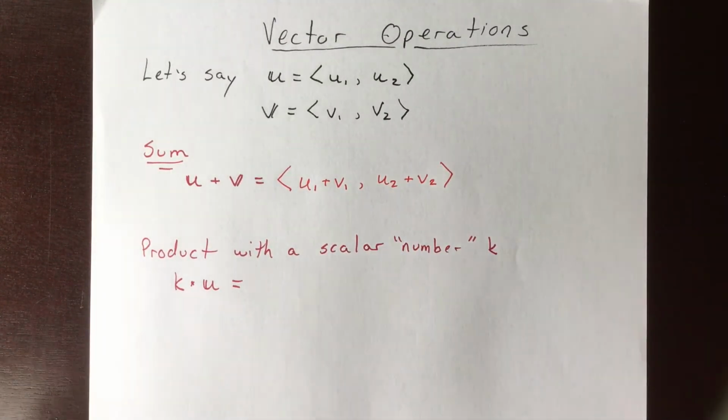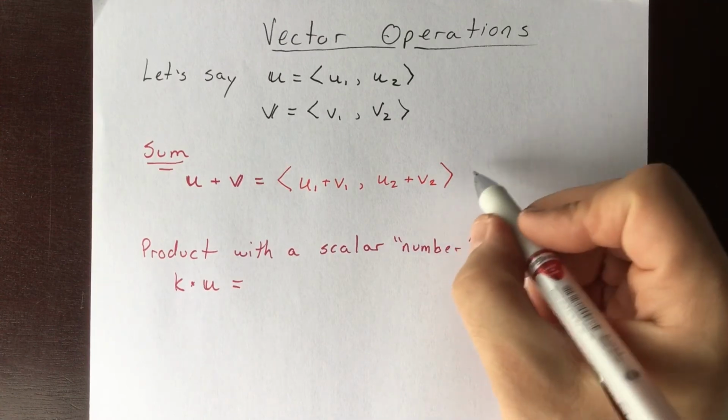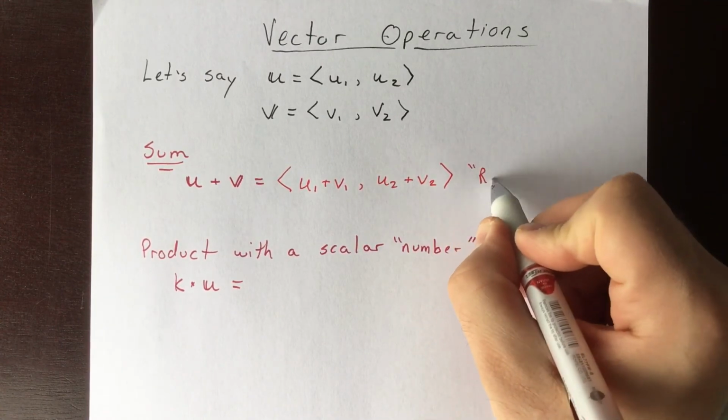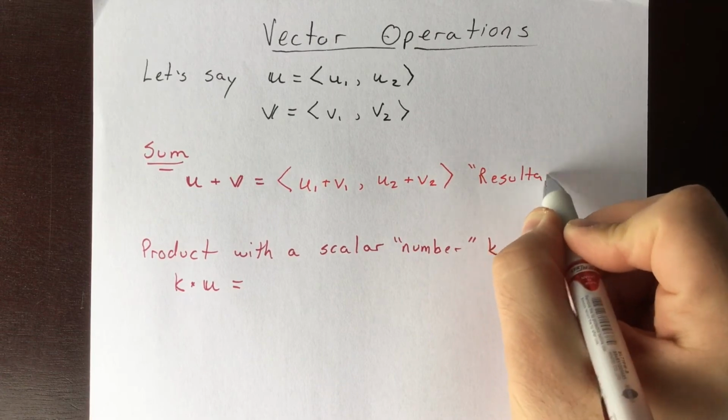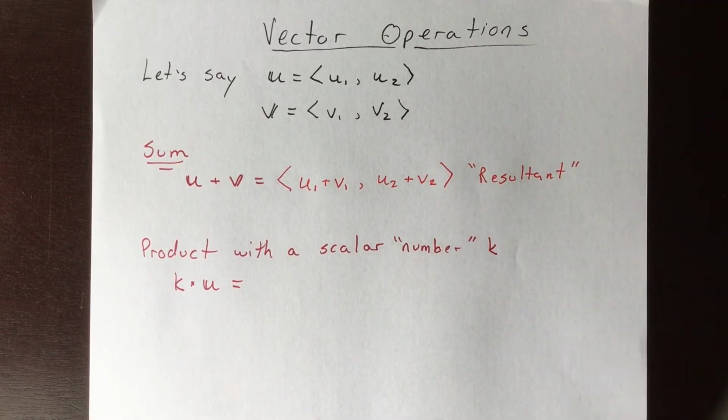That's it. If I want to add the vectors, I add the components. All right? We call this, by the way, the end result, we call it the resultant. That should sound familiar, right? Talking about forces in previous lessons, we look at the resultant we get from the sum.